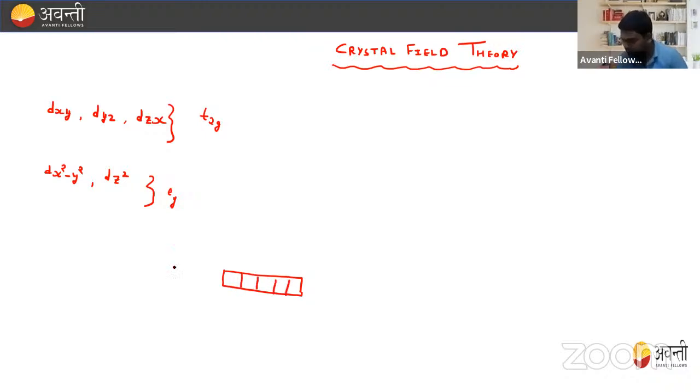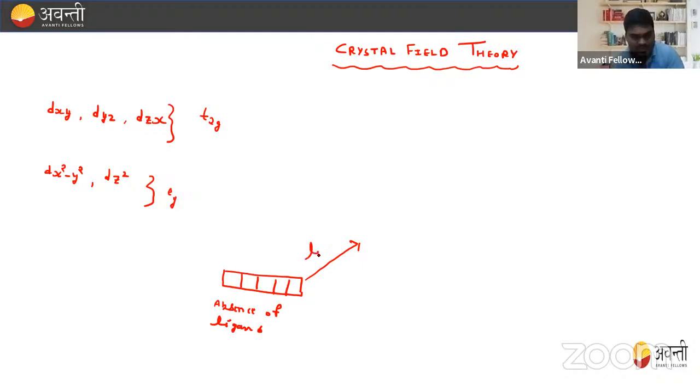Right. So this is in the absence of ligand. They all have the same energy, like dxy, dyz, dzx.